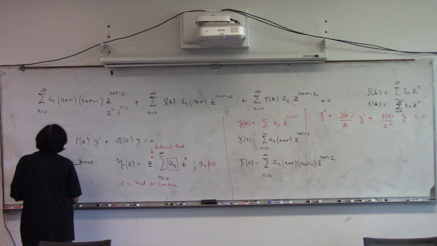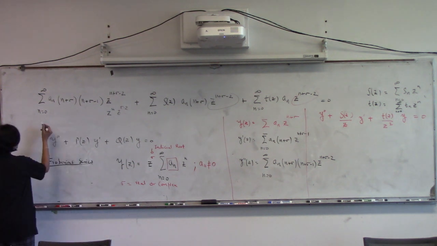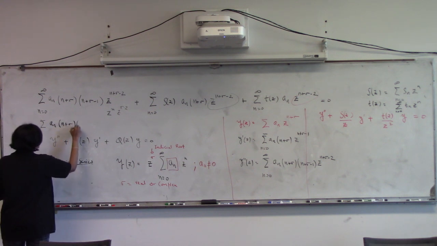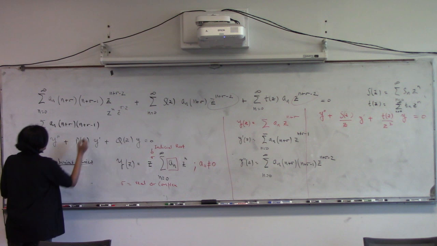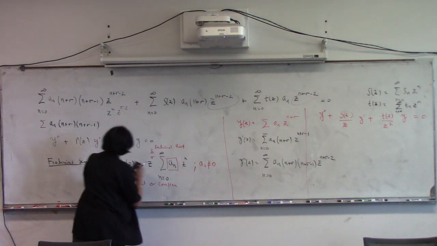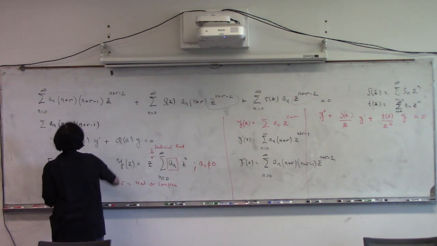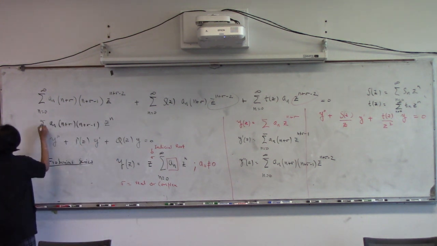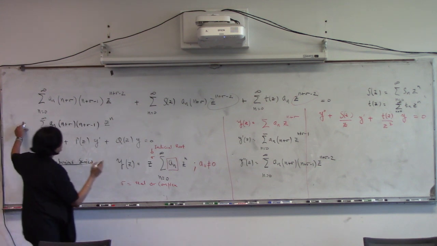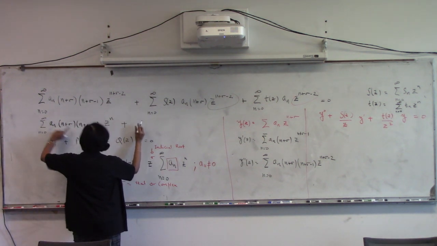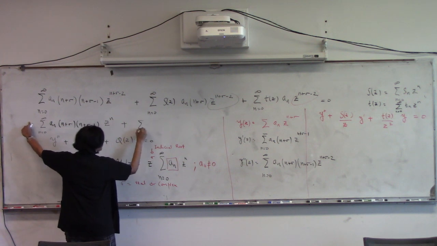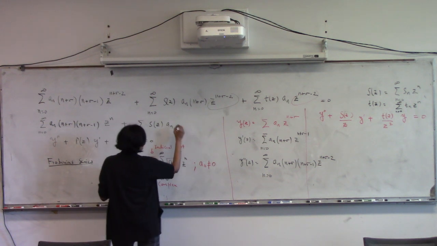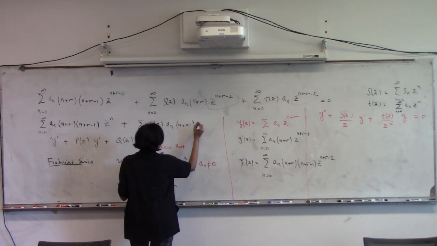That will leave me with the following: summation a sub n, n plus sigma minus 1, z to the power n, because I just factorized that outside the summation, and that term is not equal to 0.